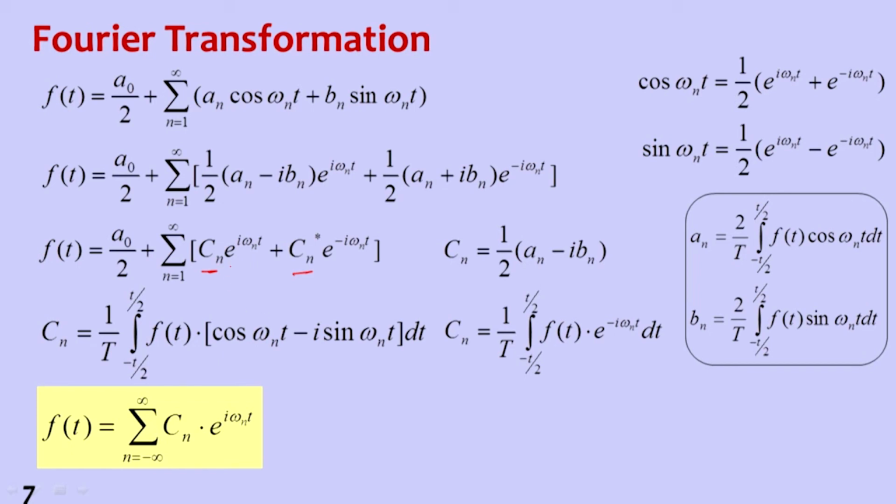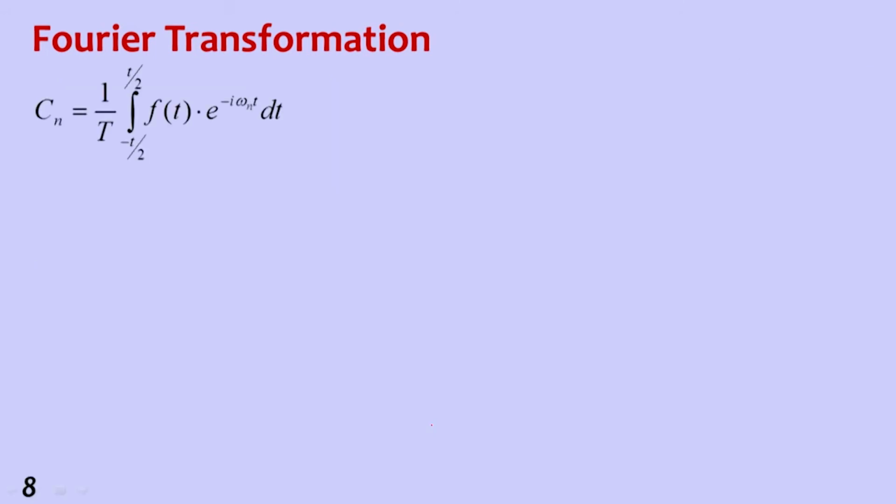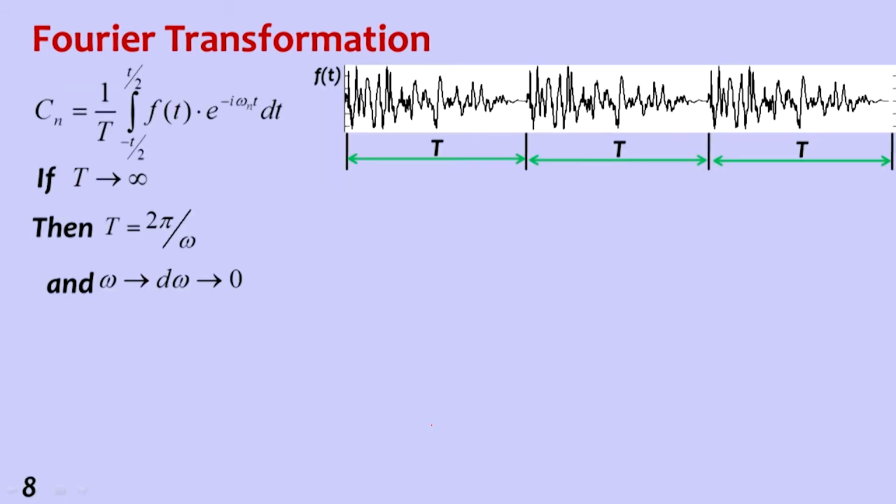This is minus infinity to 0 and this is 0 to plus infinity. Both added together give one single-term Fourier series, and then Cn can be evaluated like this. If you back substitute it, we get something like this.